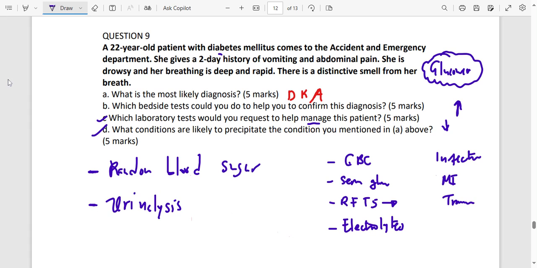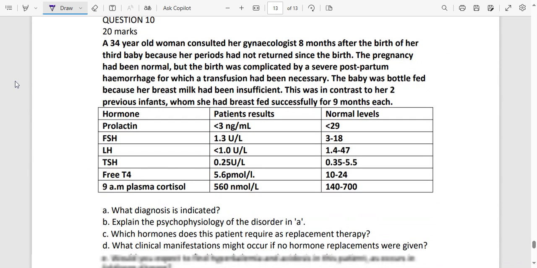You can do now our last question. A 34-year-old woman consulted a gynecologist 8 months after the birth of her third baby because her periods had not returned since the birth. Pregnancy had been normal, but the birth was complicated by severe postpartum. Please take note.